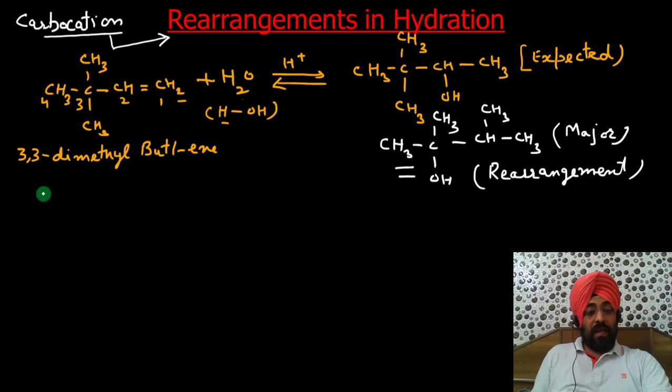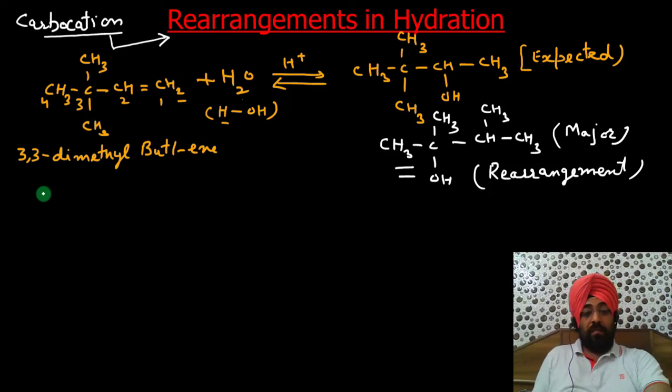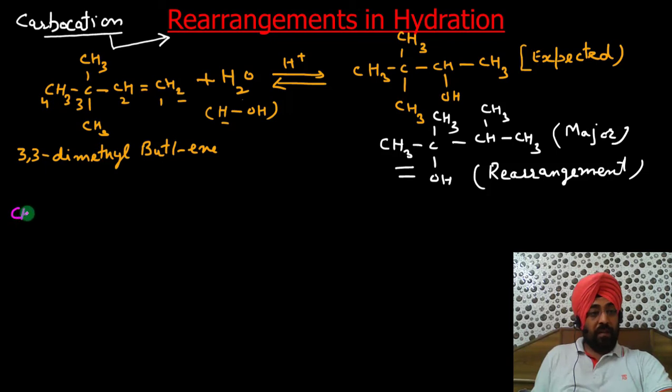Now let us write the mechanism. The reactant is CH3 CH3 CH double bond CH2. The first step is addition of proton.